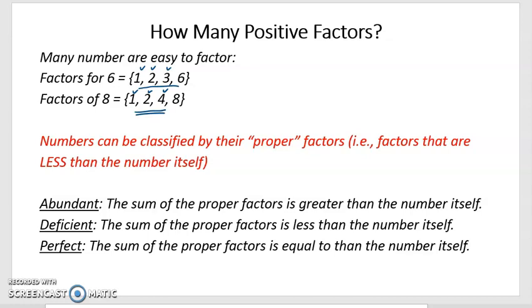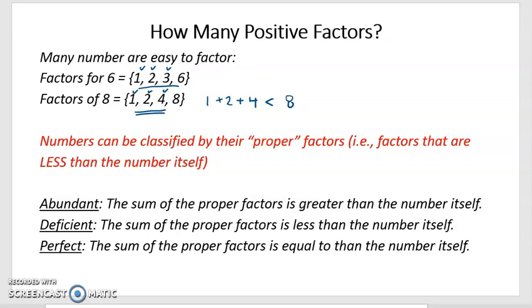A deficient number is one where the sum of the proper factors is less than the number itself. 8 is an example of a deficient number because 1 plus 2 plus 4, the proper factors of 8, is less than the number itself. So 8 is a deficient number.